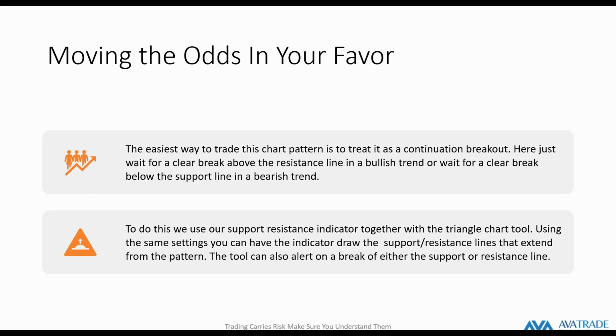Just wait for a clear break above the resistance line in a bullish trend, or a clear break below the support line in a bearish trend. To do this, we use our support resistance indicators together with the triangle chart tool. Using the same settings, you can have the indicator draw the support and resistance lines that extend from the pattern.